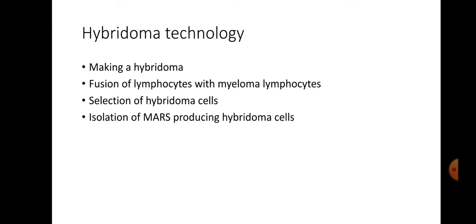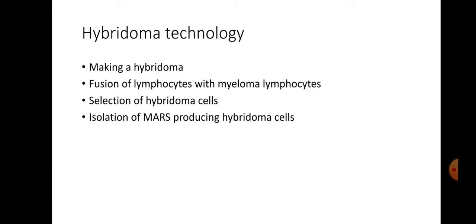Since the hybridoma cell is the fusion product of B lymphocytes and myeloma B lymphocytes, it enjoys the properties of both partners. The property inherited from the normal B lymphocyte is to produce specific antibody, and the property inherited from the myeloma B lymphocyte is to multiply uncontrollably and grow indefinitely in the culture.